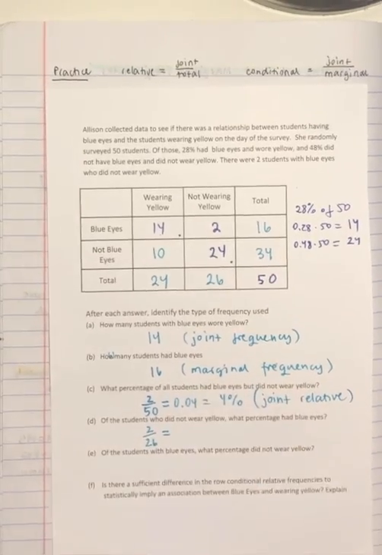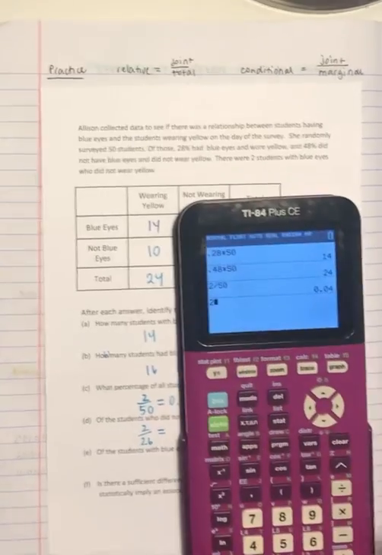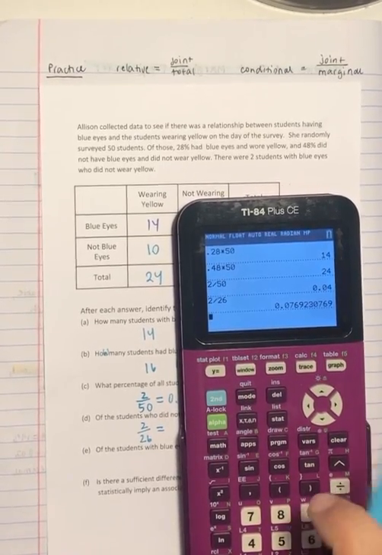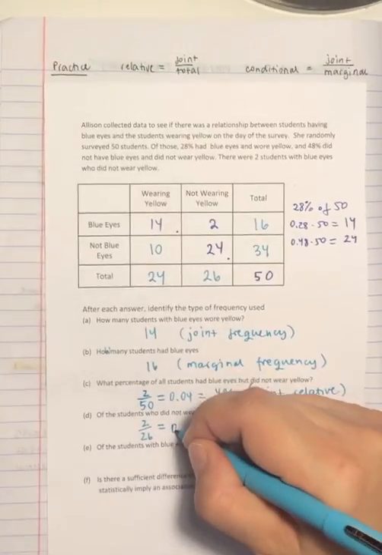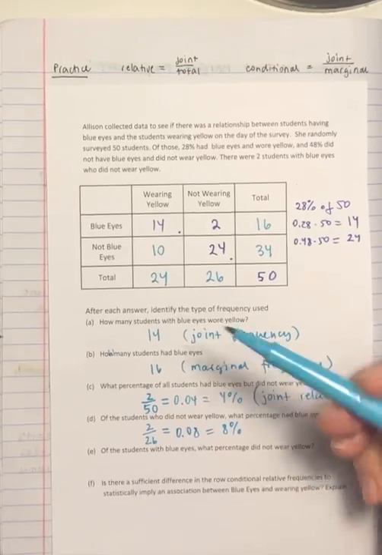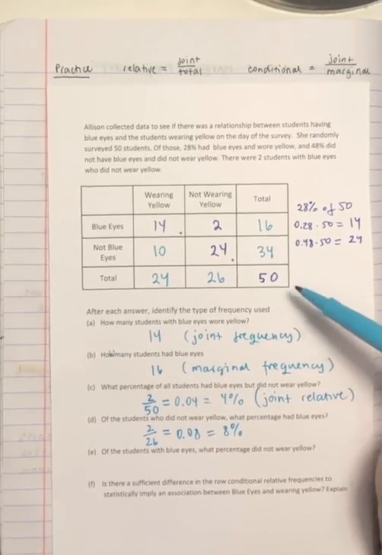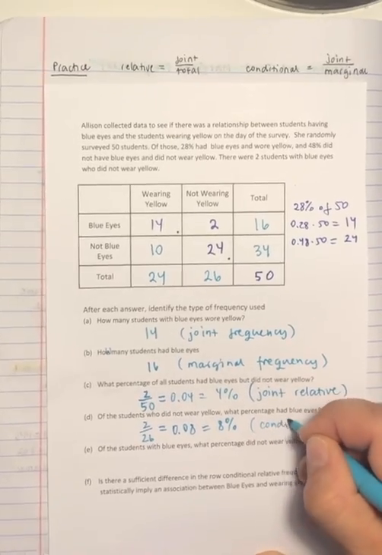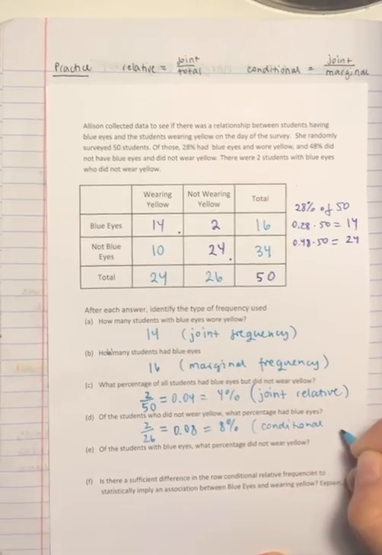So we do 2 divided by 26, which equals about 0.08, so 8%. Since we only looked at this column and did not look at the grand total, this is conditional relative frequency.